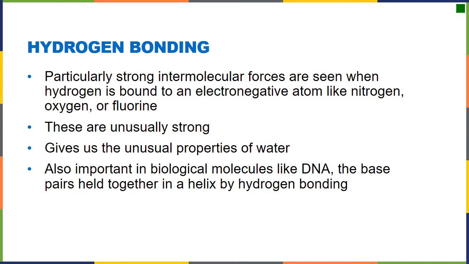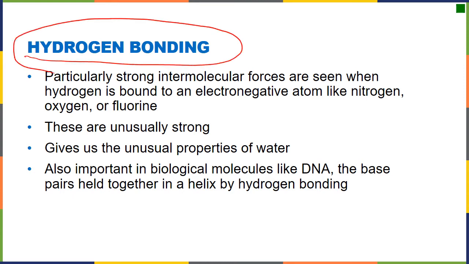Now, we have a very interesting specific case, and our interesting specific case is hydrogen bonding. Hydrogen bonding is a really strong intermolecular force, strong for an intermolecular force at least, and it's a specific case of dipole. So the first thing we're going to have is a molecule that's polar.